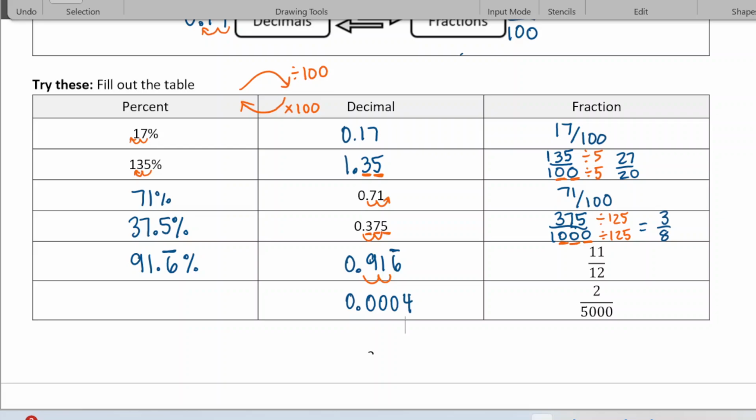So what that means is it's going to be 0.04%. Okay. All right. So the -4 just meant that the decimal place is 4 over to the left.